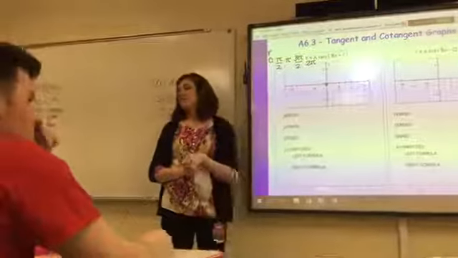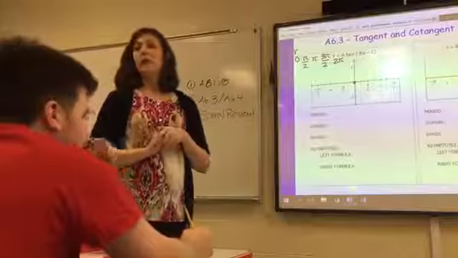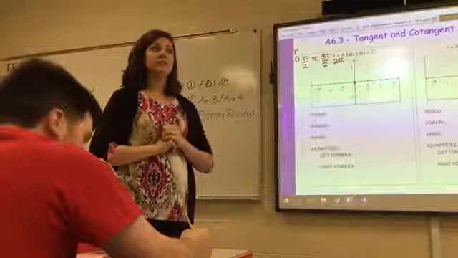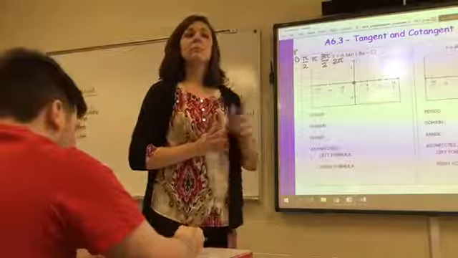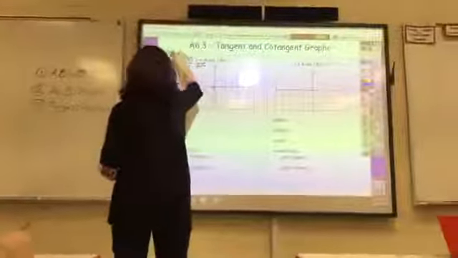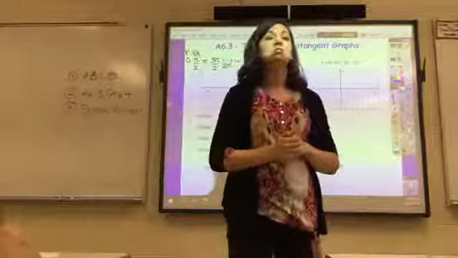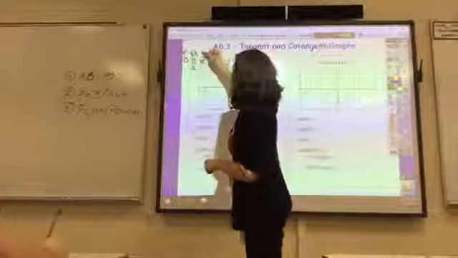All right. So, tangent at pi over 2 is undefined. What happens at undefined places on graphs? It's up and down. Not a hole, but a line. Yes. What is this? Up and down. It's a vertical asymptote. So, at pi over 2 is a vertical asymptote. Okay. What is tangent at pi? 0 again, so it's a root.